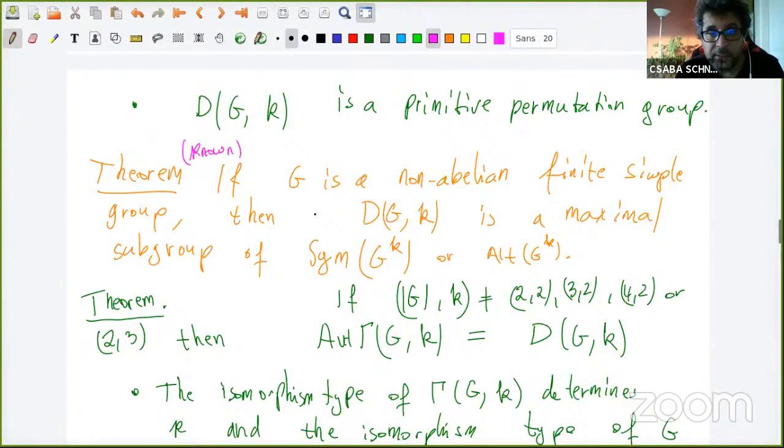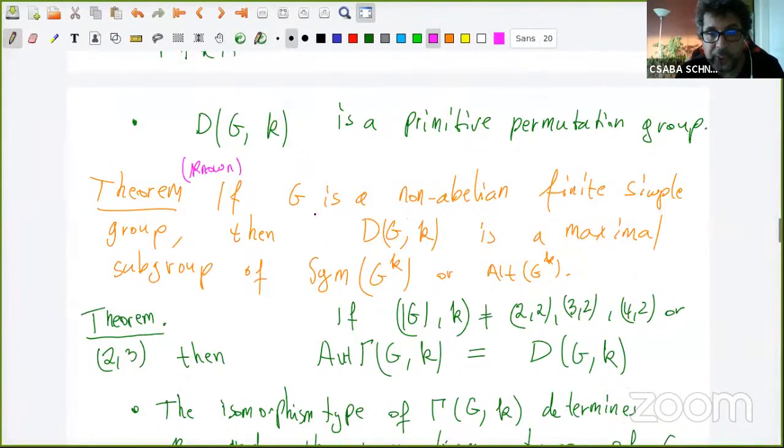And this theorem is what really prompted our research in this direction about diagonal groups, because we were interested in combinatorial structures that can be preserved by this diagonal group. In fact, we were interested in some sort of combinatorial or geometric structure such that the diagonal group would be the full automorphism group of this combinatorial structure.